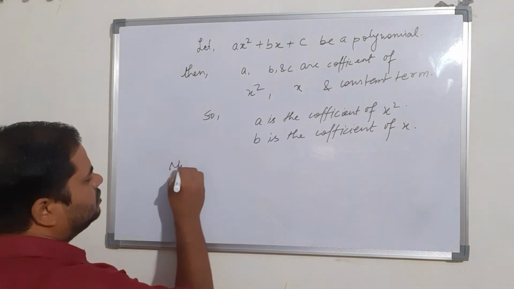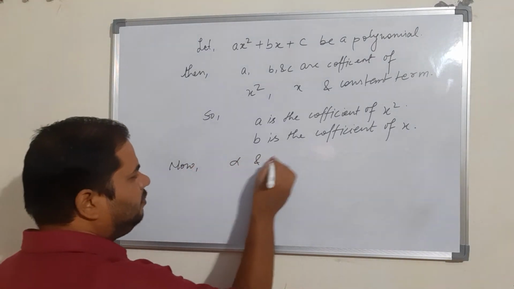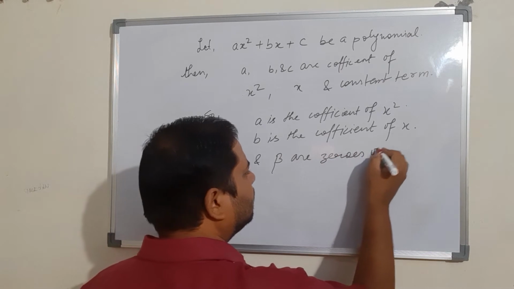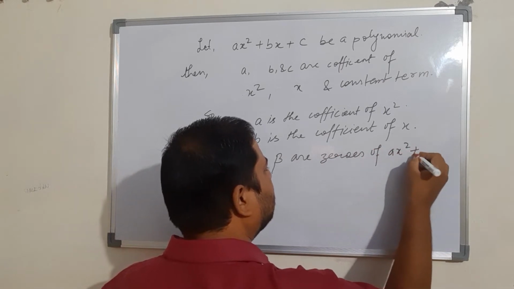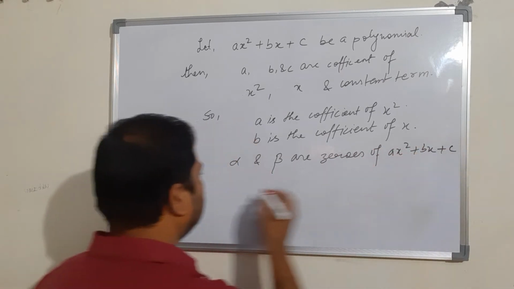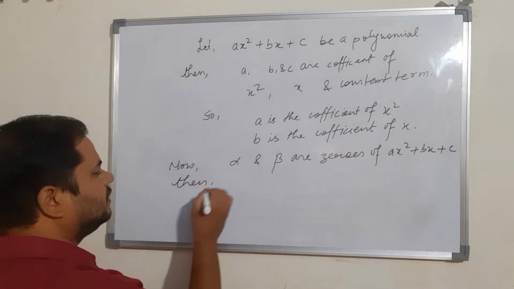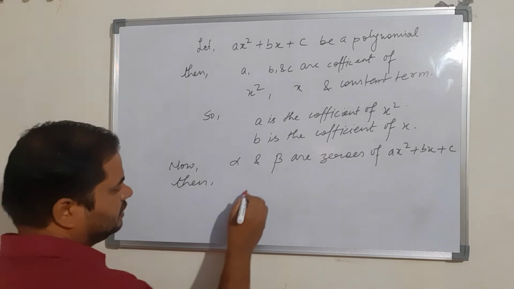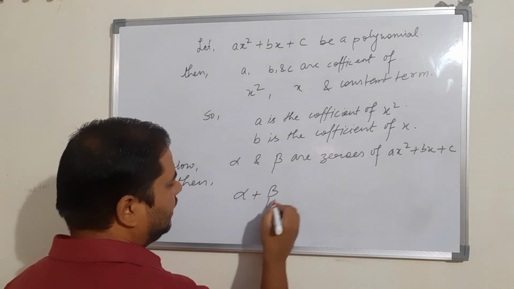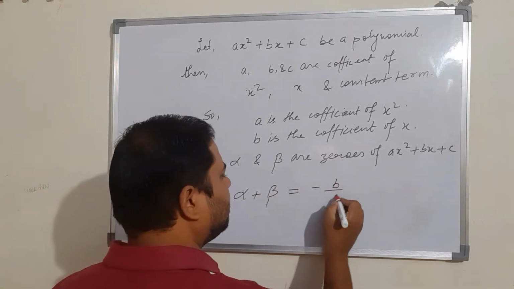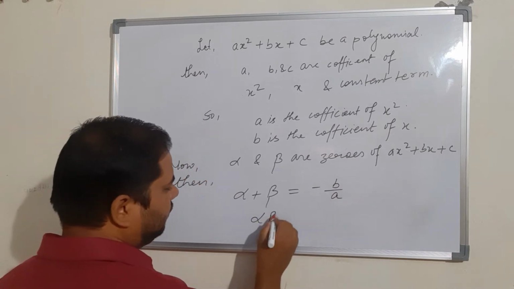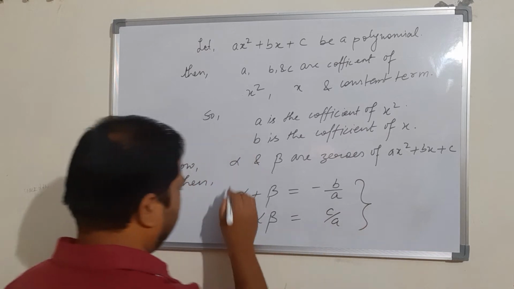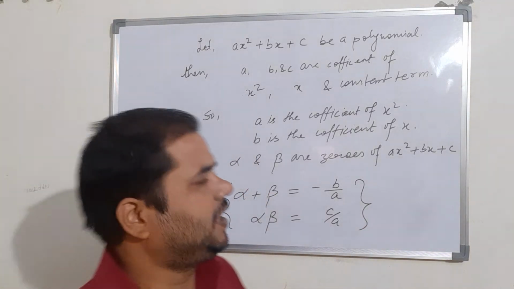Now suppose alpha and beta are zeros of ax square plus bx plus c, then the relation between these zeros and coefficients is: alpha plus beta, that is the sum of zeros, is minus b by a, and alpha beta, that is the product of zeros, is c by a. This is for a quadratic polynomial.